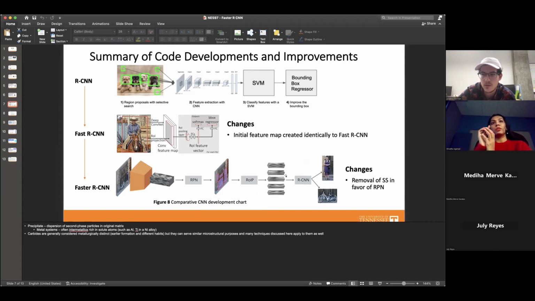They pass through your convolution layer where they extract the features. And then these features go through separate branches. One predicts what class it is, using a softmax function, which is your probability function.